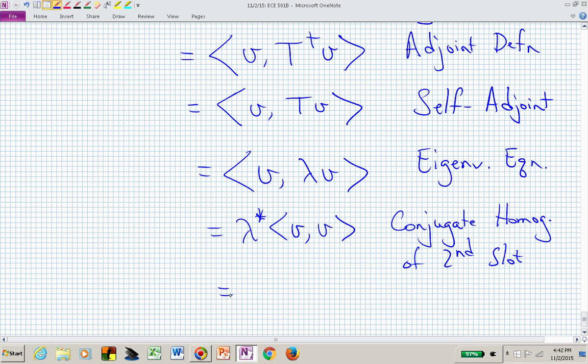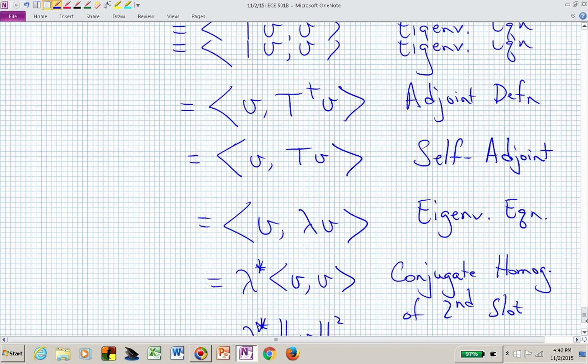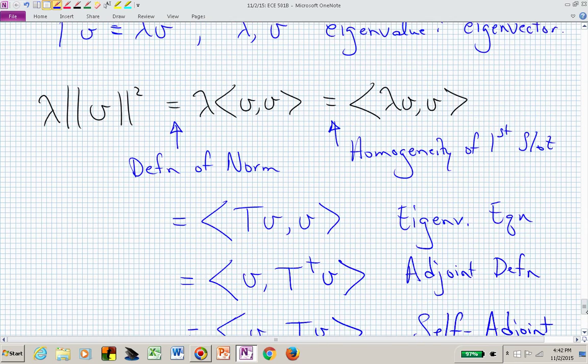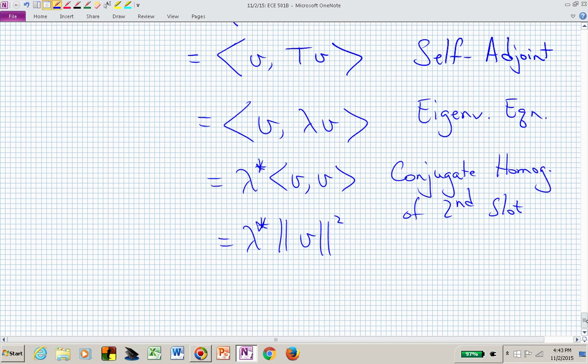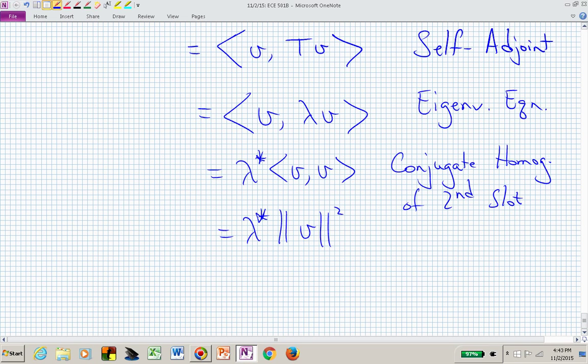But the inner product of v with itself is just the norm of v squared. And maybe you've forgotten what I did up above, but I started with lambda times the norm of v squared, and I've shown that that's the same as lambda star times the norm of v squared.